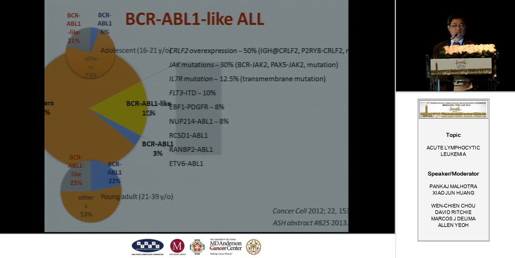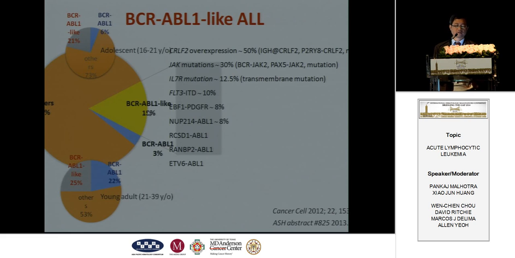Also 12% of them have IL-7 receptor gene mutation. 10% of them have FLT3 internal tandem duplication. And 8% have EBF1-PDGFRB fusion or NUP214-ABL1 fusion. And in rare cases, there are also several different genes fused with ABL1.